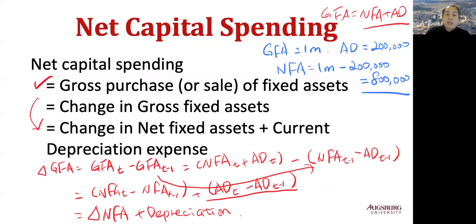So if you only have the net fixed asset and the depreciation expense, you can use the last line formula: change in net fixed asset plus current depreciation expense.